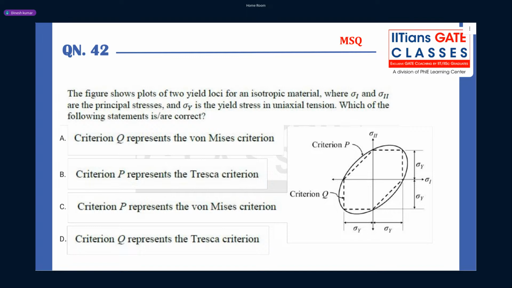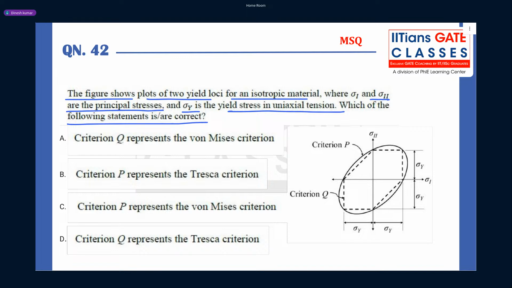So what it says, question number 42: the figure shows plots of two yield loci for an isotropic material, where sigma 1 and sigma 2 are the principal stresses, and sigma y is the yield stress in uniaxial tension. Which of the following statements is or are correct? So guys, we already know these are the pictorial or graphical representation of theories of failure.